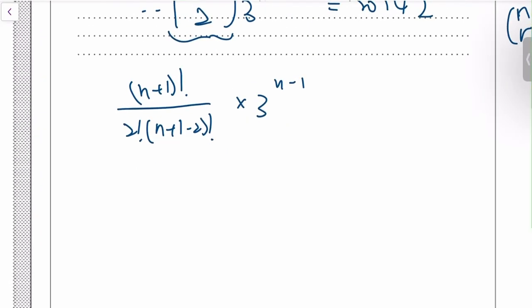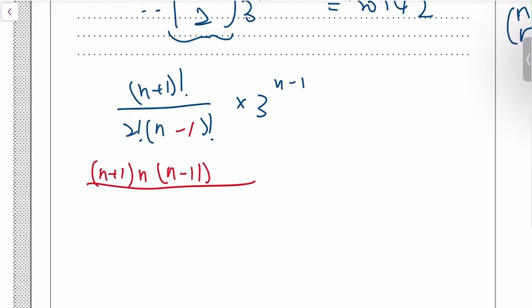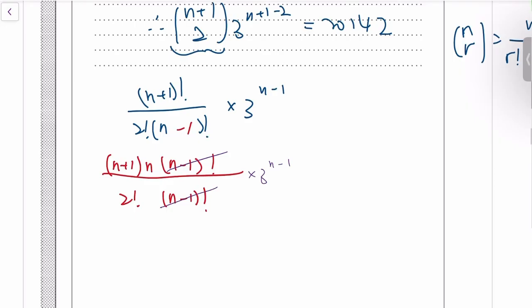Obviously n plus 1 minus 2 is n minus 1. So n plus 1 factorial is n plus 1 times n factorial, n minus 1 factorial, so they cancel out.